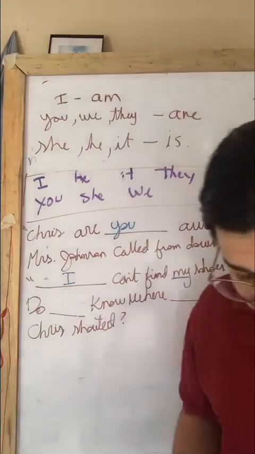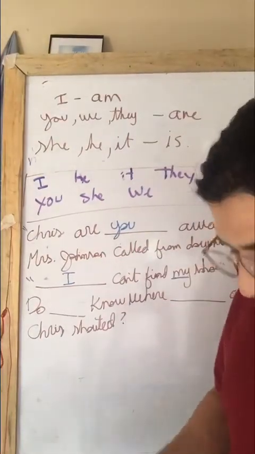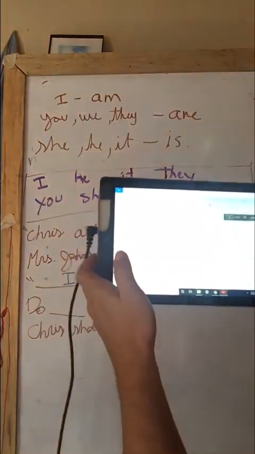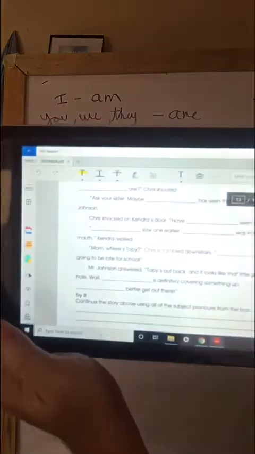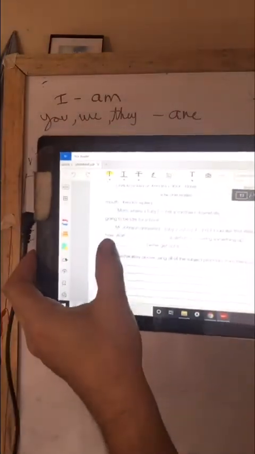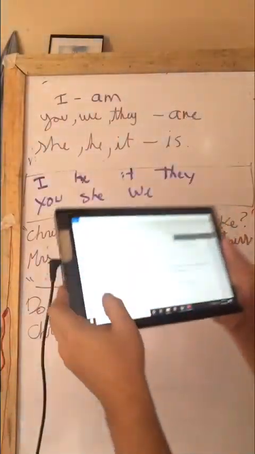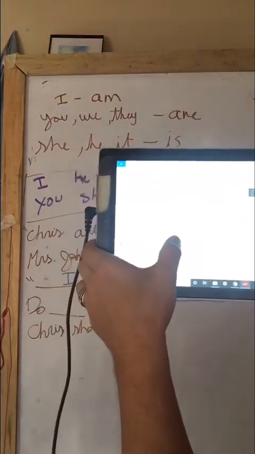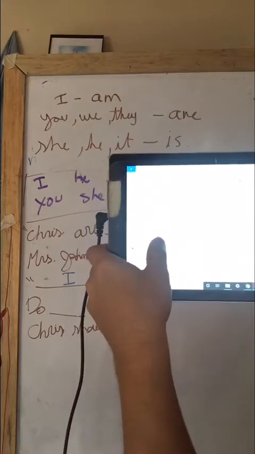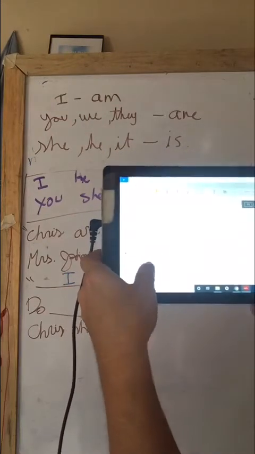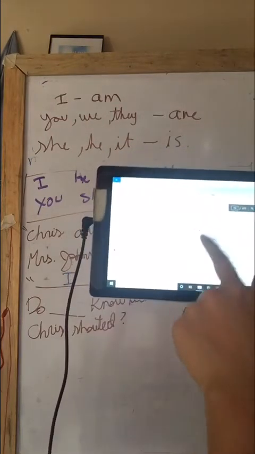As much as this is for Friday, I would ask you to complete the whole page. And then we are going to discuss on Monday if you wrote the correct answers. And then continue the story above using all the subject pronouns from the box. So you are going to have to continue this conversation.